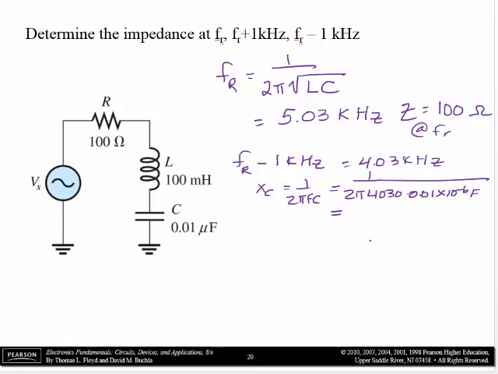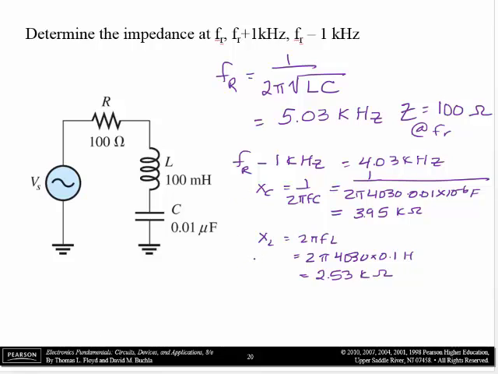I compute it, and I will get 3.95 k ohms. That's XC. XL will be 2 pi f L, which equals 2 times pi times 4030 hertz times L, which is 0.1 Henry. I do that math, and I will get 2.53 k ohms.